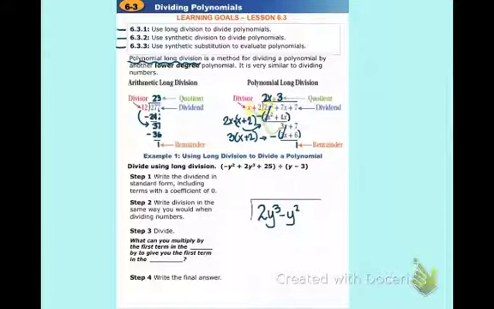So if that's the case, I need to put a placeholder there and use a 0 coefficient. So that's 0y. So I have y cubed, y squared, y to the first, then y to the 0, which is 1, really indicates the exponent on the constant term. So now I'm to the constant term, which is 25. Now that is my dividend.